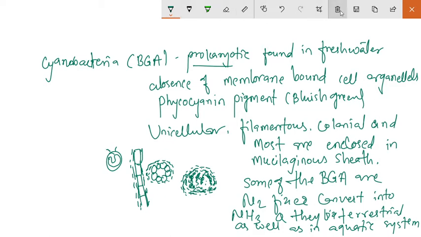heterocyst. Okay, for example Nostoc. In Nostoc, the body is filamentous, but some of the cells are empty and thick walled, larger in size, and separate from the other cells.